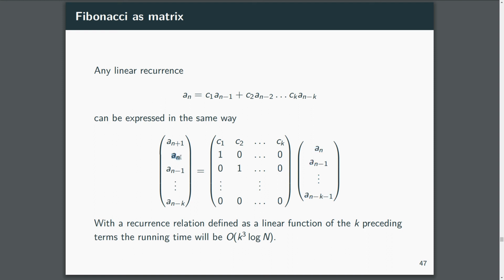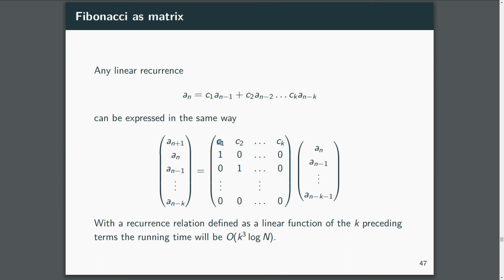And then we have to do the same for this value. Yeah, I guess here it's only k squared. No, sorry. We're raising this matrix here to the power of n. Mm-hmm.